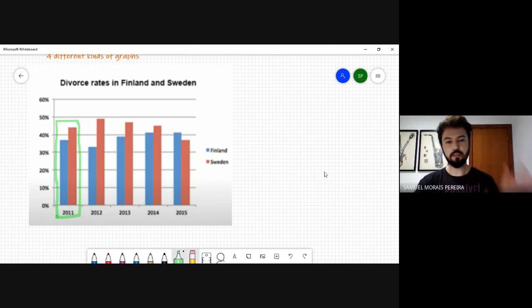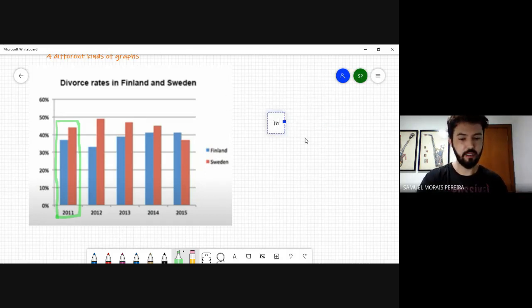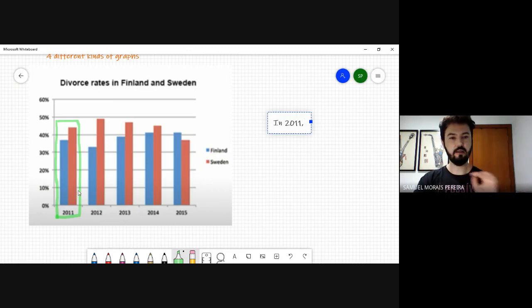What can you conclude from this information here? You can conclude that back in 2011, the divorce rates there in Finland, can you see here, Finland, were lower than the divorce rates in Sweden.